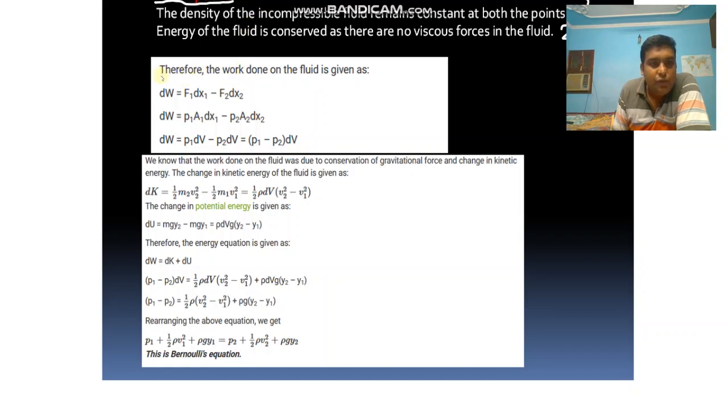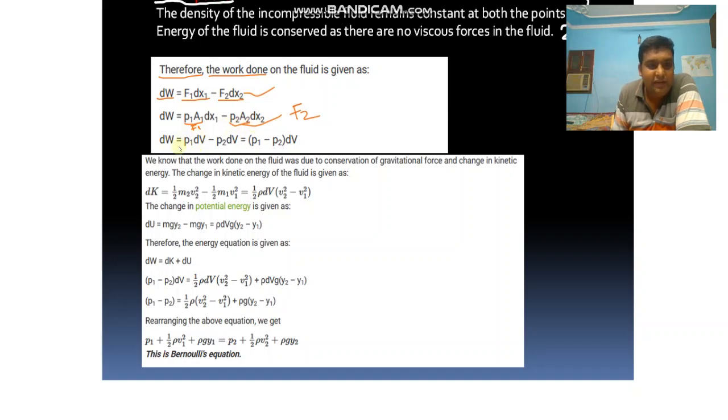Therefore the work done on the fluid is given as dW = F1 dx1 minus F2 dx2. Right, so we can write this F1 as P1 A1 and F2 as P2 A2.